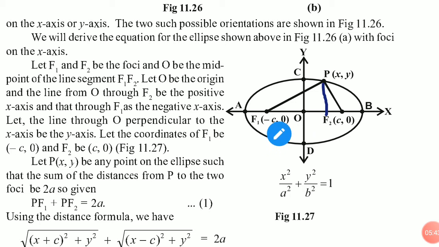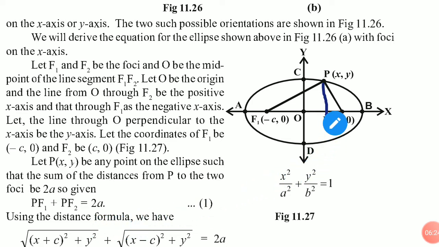The distance OF1 is c, and the distance from O to the perpendicular line is x, because P has coordinates x,y. So the total distance from the perpendicular line to F1 is x plus c, and the length of this perpendicular is y. So using the Pythagoras theorem, PF1 is the square root of (x plus c) square plus y square.